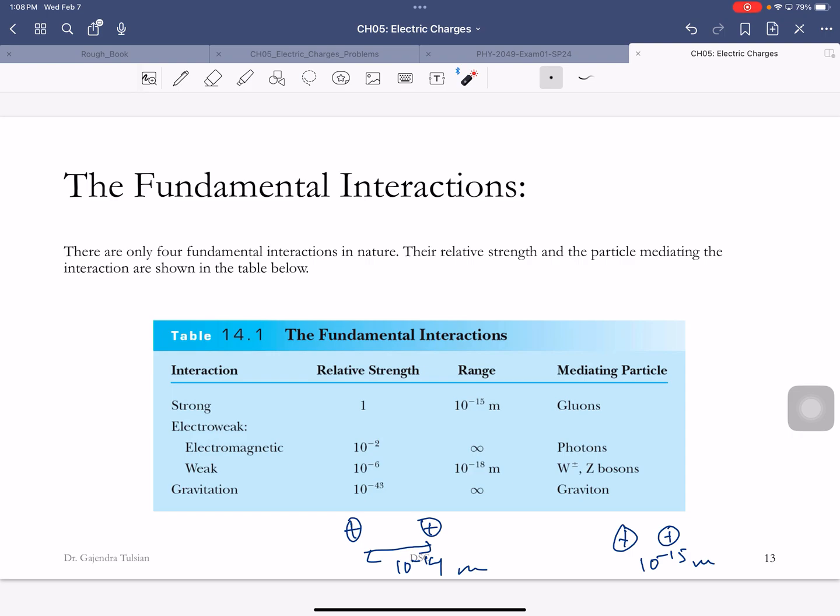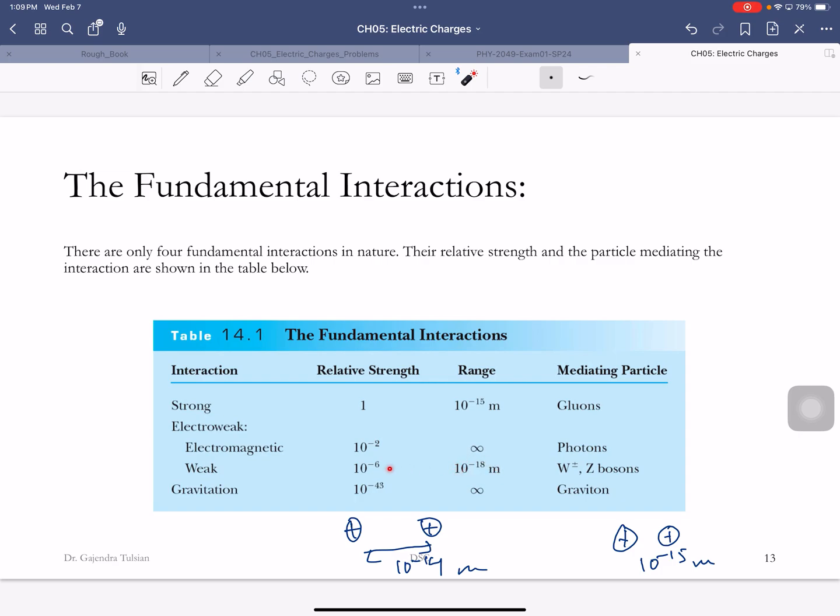So this tells you the range. The strong force is the strongest, and it has a range of 10 to the minus 15 meters. The electromagnetic force is 100 times weaker, but it has an infinite range. The weak force is 1,000,000 times weaker than the strong force, and it has a very short range as well, 10 to the minus 18 meters.